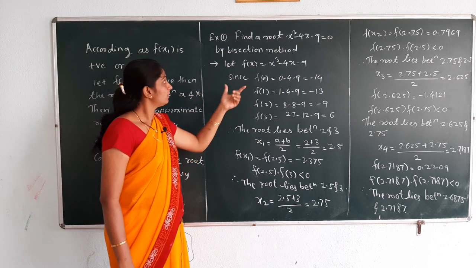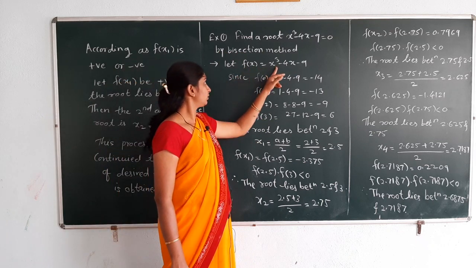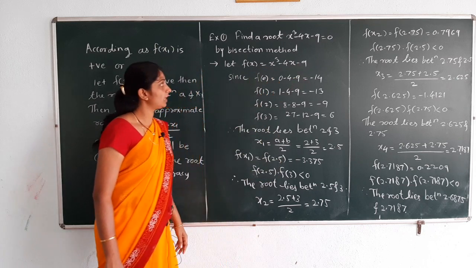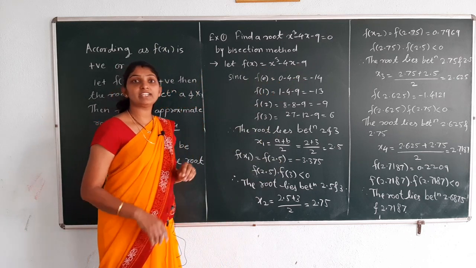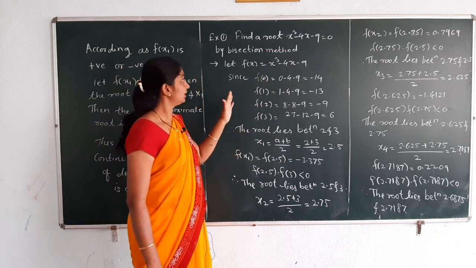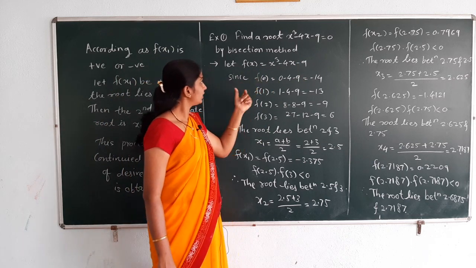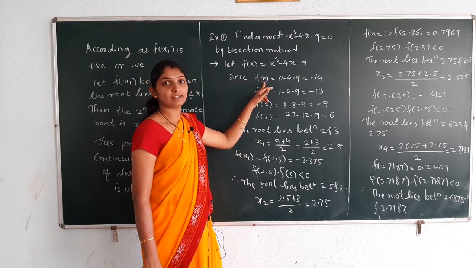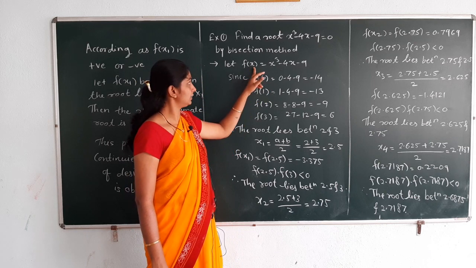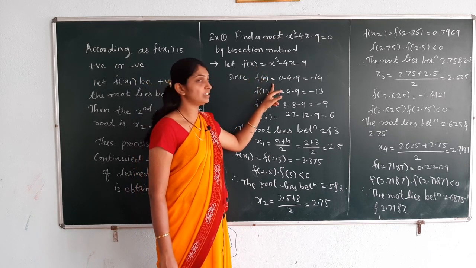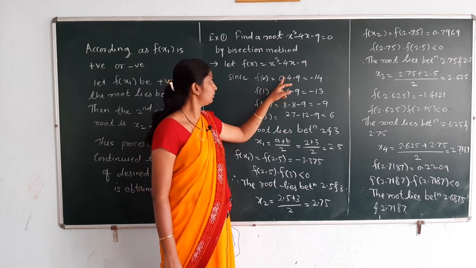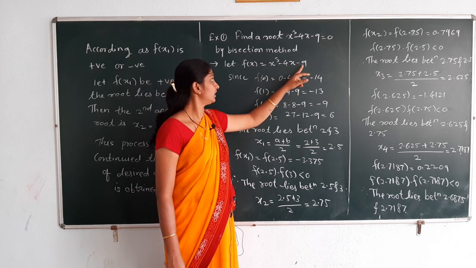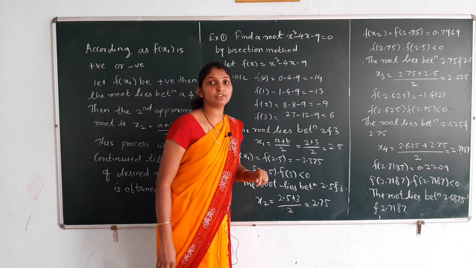Let the given function be f of x is equal to x cube minus 4x minus 9. We have to find the closed interval, that is a, b values of the function. First we put x is equal to 0 in this equation, then f of 0 is equal to 0 cube minus 4 into 0 minus 9, that is minus 9.